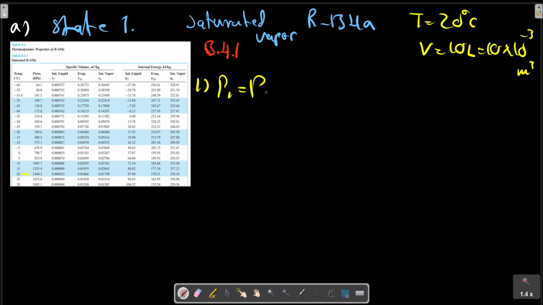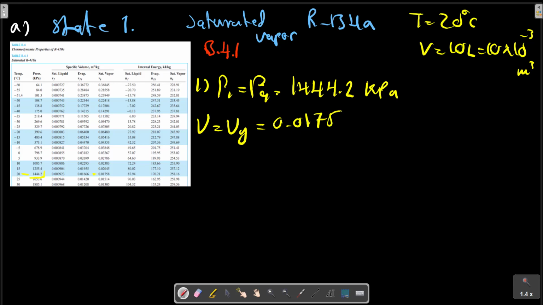P1 equals Pg, or P saturated, is 1444 kilopascal, and we also have V equals Vg because of the saturated vapor, and U equals Ug.